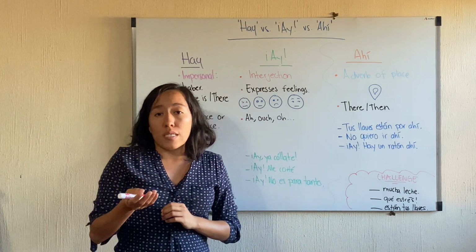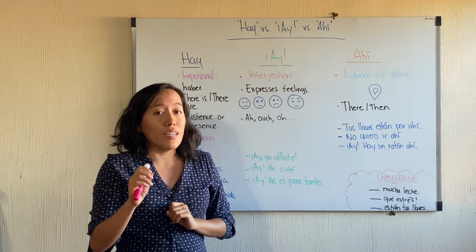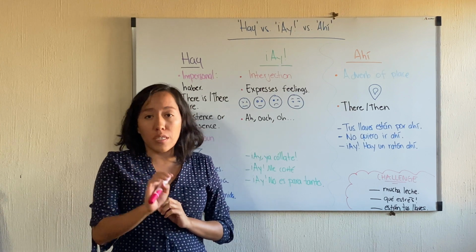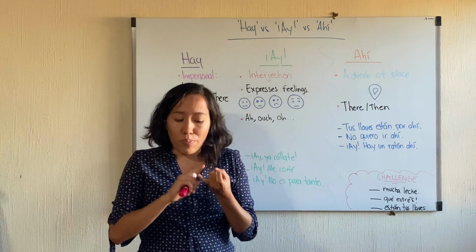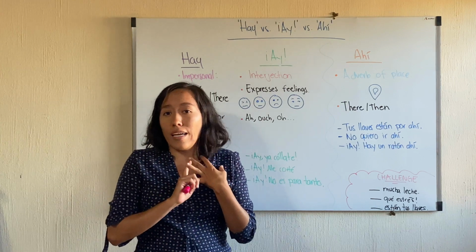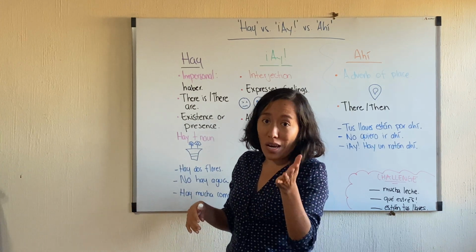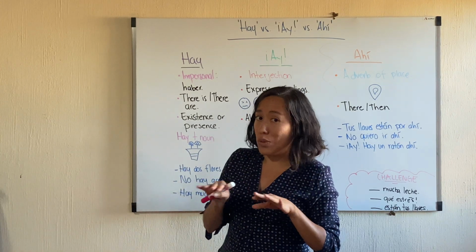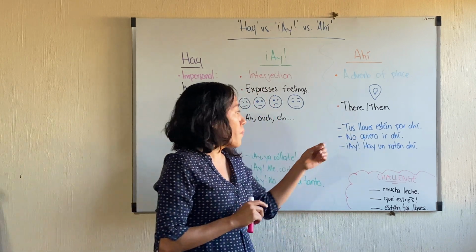And you can translate it as there, or then if you're talking about time. Ahí can work with prepositions and verbs, unlike hay, which you already know works only with nouns, okay? So over here I have some examples.